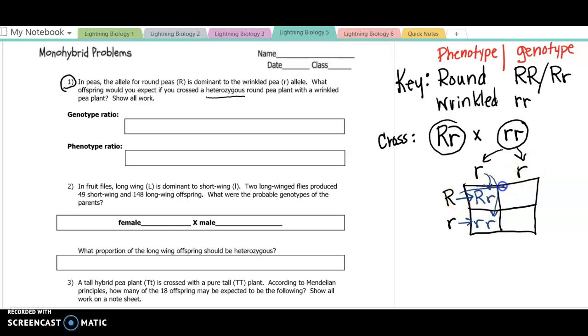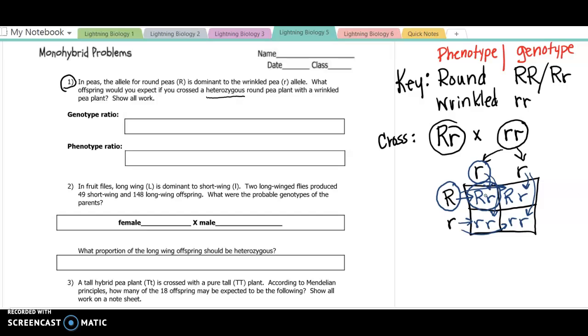The big R comes over here. I have big R, my little r comes down, and again, this little r is coming over, and this little r is coming down. And so I just filter in the types of alleles. And so, for example, if this is the sex cell, and this is the sex cell of the other parent, then this will be the offspring, and that will be a heterozygous.